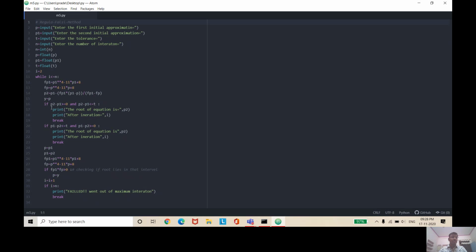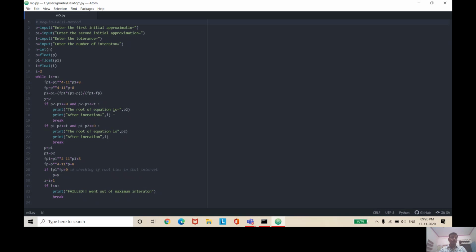Here I have started with the condition: if the next iteration p2, which is coming from this, is higher than the previous iteration p1, and p2 minus p1 is lesser than or equal to our tolerance value, then this condition will get satisfied and we will get our root, that is p2.